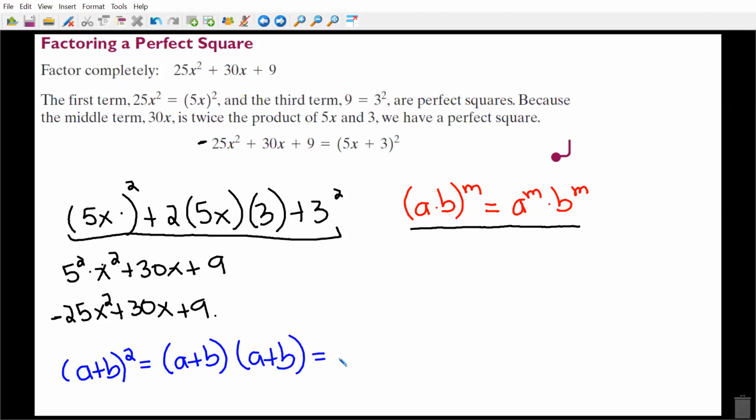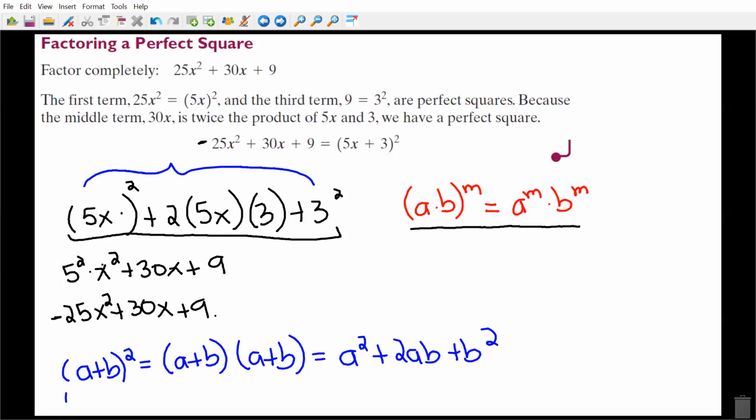That if we did FOIL, the answer would be a squared plus 2ab plus b squared. Now, does this exercise have the same form? Yes. This is going to be your a, times 2 times a times b, 2ab. Yes, it's the same.